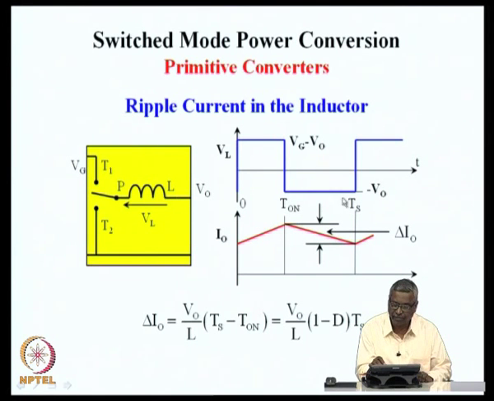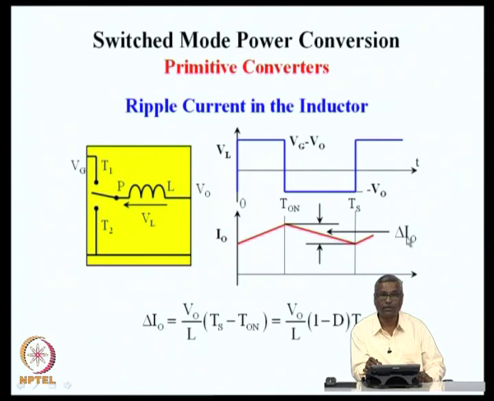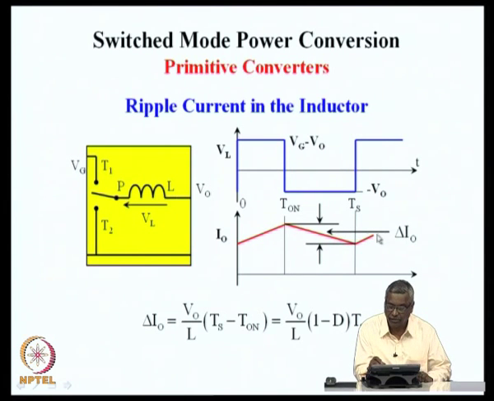Similarly, during the off period, negative voltage is applied across the inductor, and so the inductor current drops. The integral of this negative voltage is a ramp falling downwards, and under steady state condition, the rise in current will be the same as the fall in current, and so the current ripple delta I naught during the on time and the current ripple delta I naught during the off time, both will be equal. This can be found out either from the on interval or from the off interval.